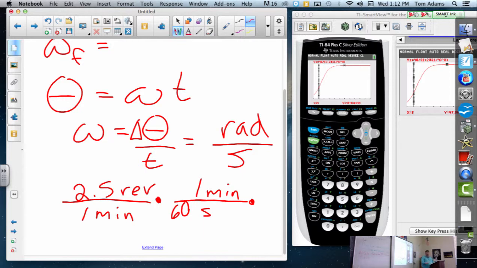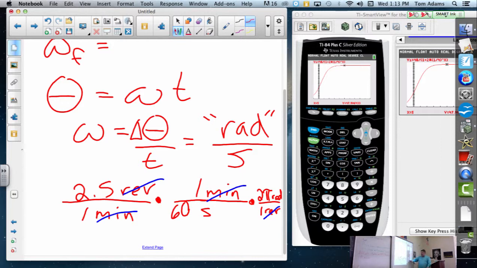Revolutions per what? 1 second. So 1 revolution equals, I need radians, 2 pi. So 2 pi radians is equal to 1 revolution, right? So now this cancels with this cancels with this.